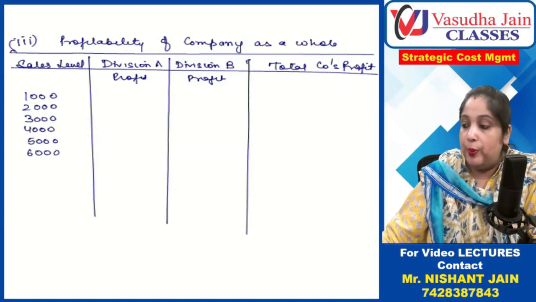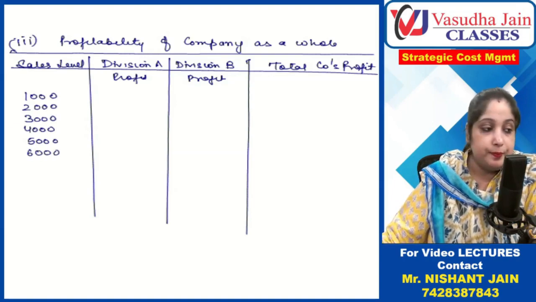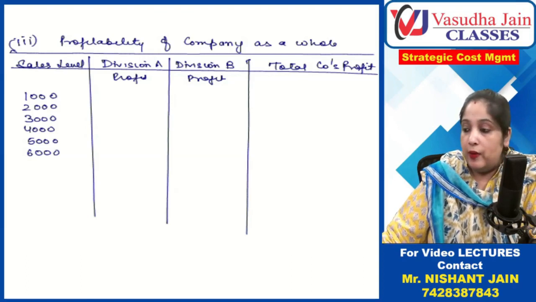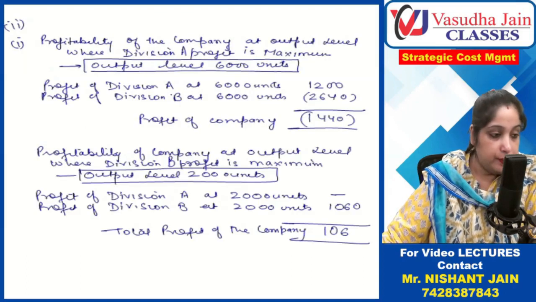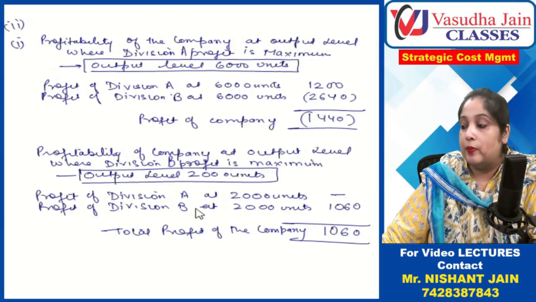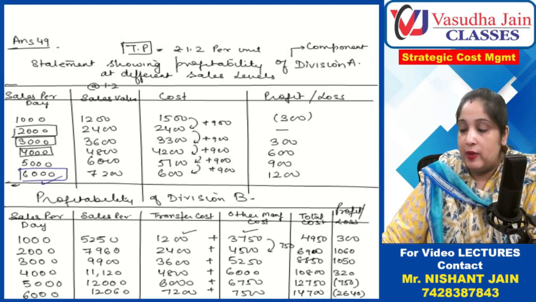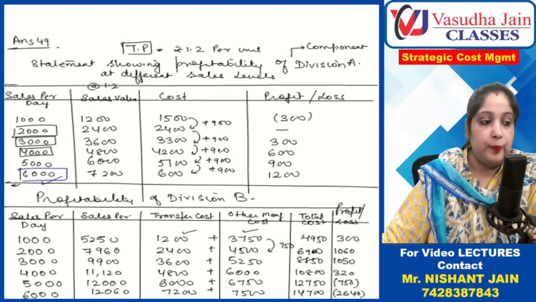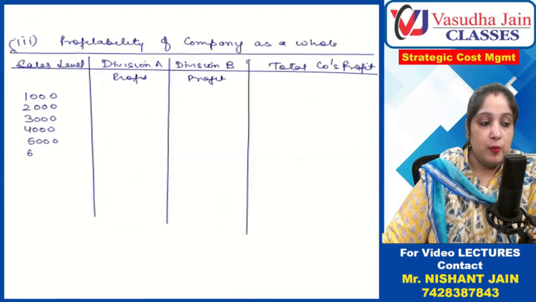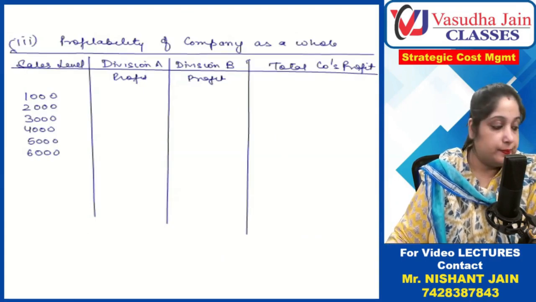Now I'm just going to pick up the figures from here. The profit of division A at different levels and the profit of division B at different levels, and add them up.